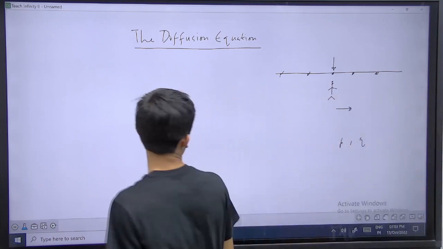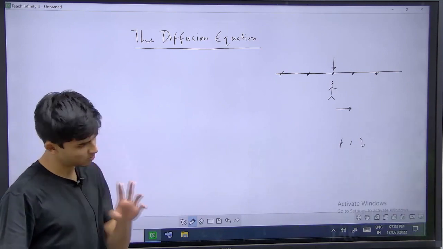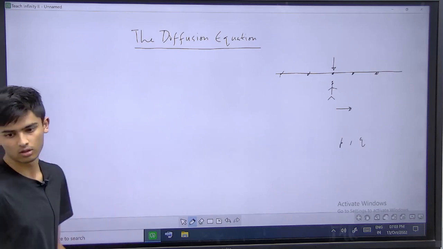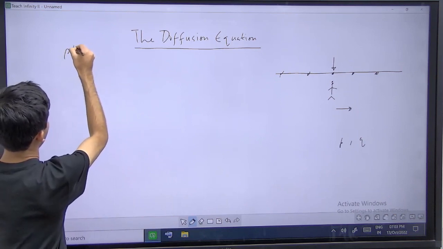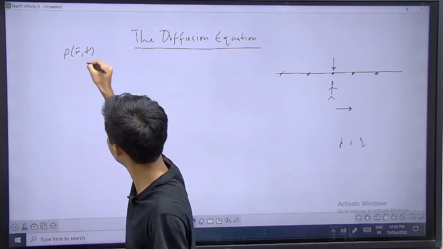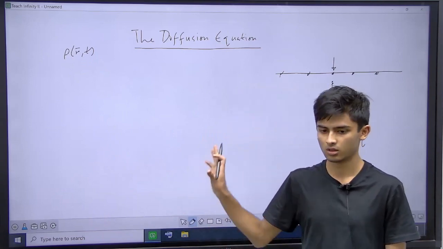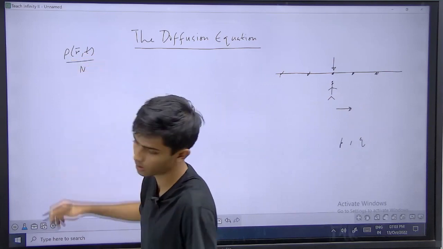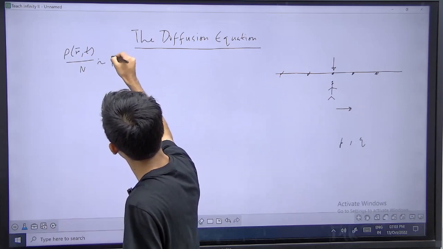But I'm pretty sure you're already familiar with this. Now, how does a random walk translate to a diffusion equation? The first thing that we will do from now onwards is that we will not look at this rho as a function of identity. Since we assume that all the particles are identical, I can simply divide this through by n, the total number of particles, and get something like a probability distribution.